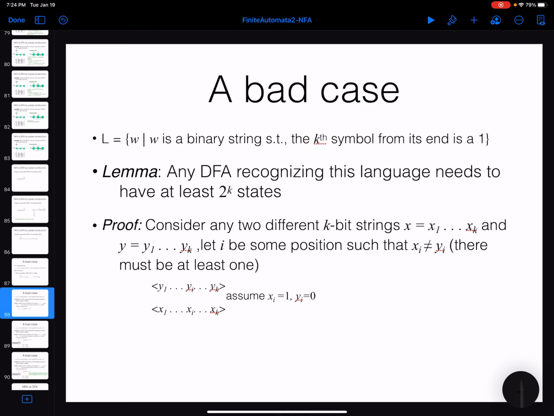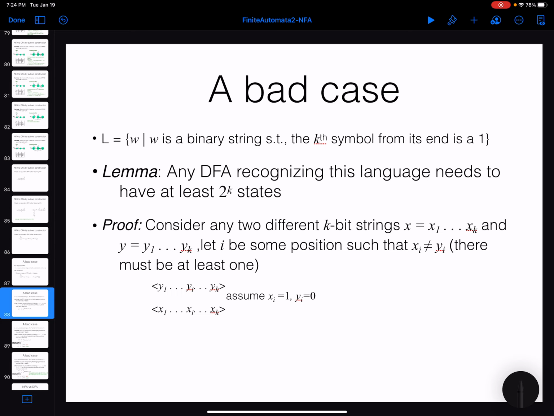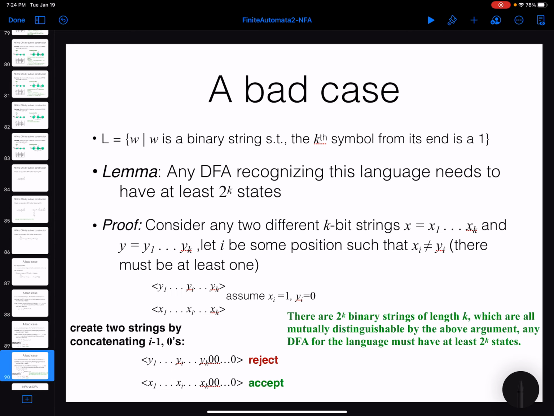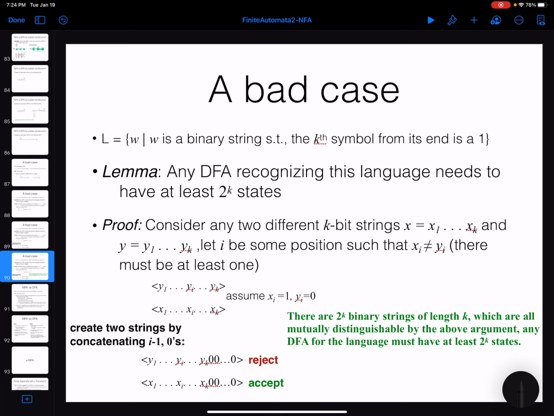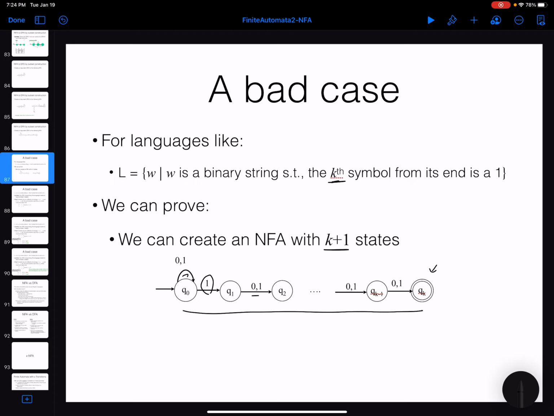This is an interesting case. Just try to create the equivalent DFA for this example, and you will get the idea, and then read the proof here. This is showing all the possibilities here. And the reason basically is that in this specific pattern of languages, we need to show all the possibilities.